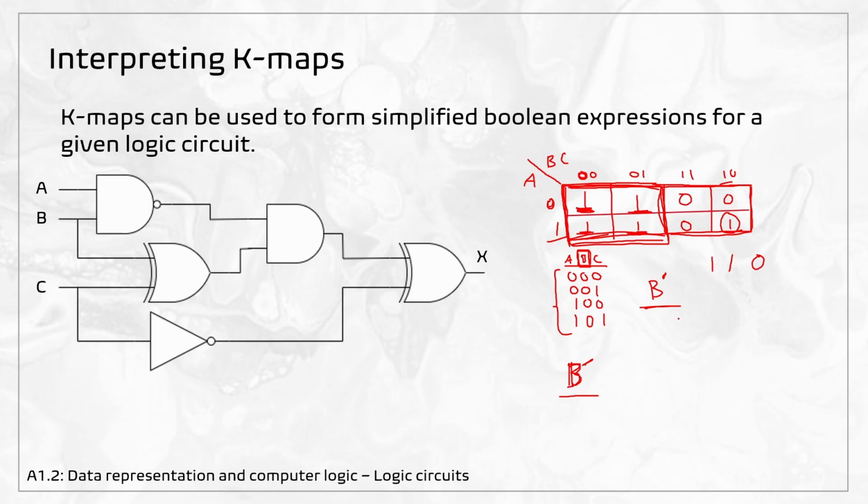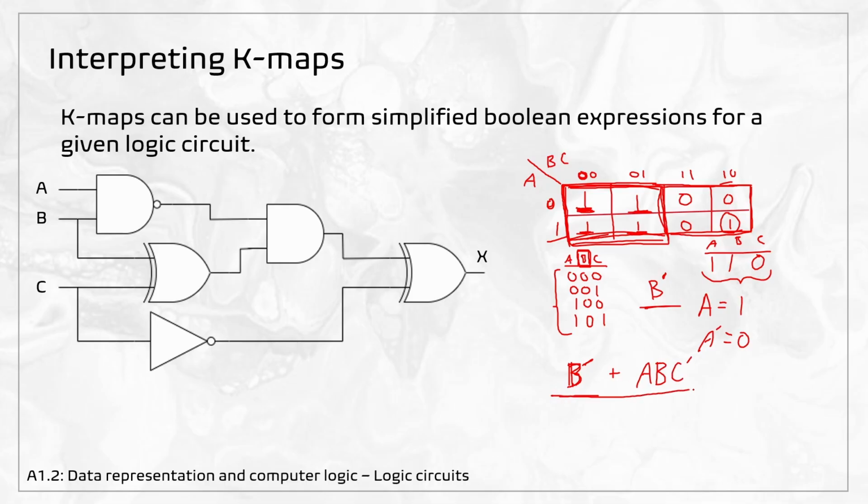So if we know that A is equal to 1 and A prime is equal to 0, how can we write this in terms of A, B, and C? So we have A, B, and C like this. So we can add an OR symbol here, and we can have A is equal to 1, so we can have A, B is equal to 1, so we can have B, and C is equal to 0, so we can have C prime.